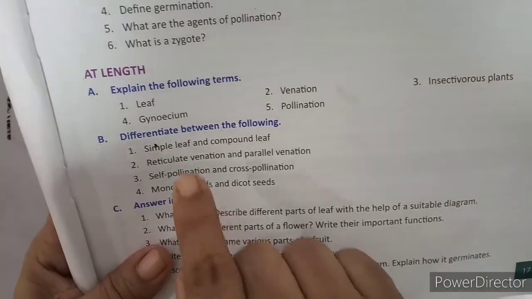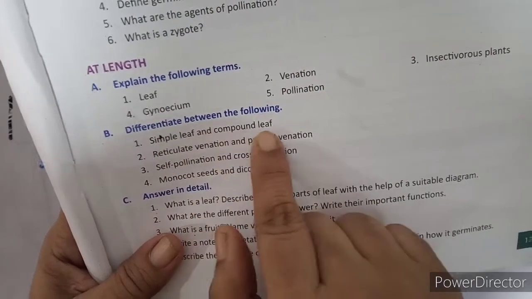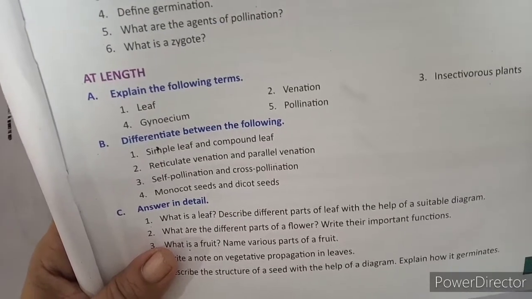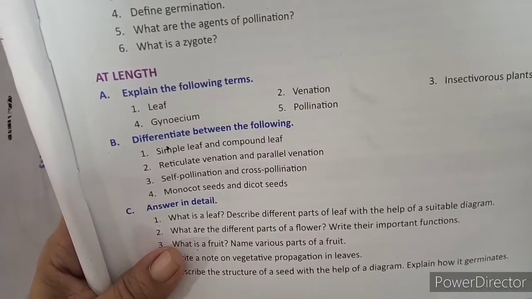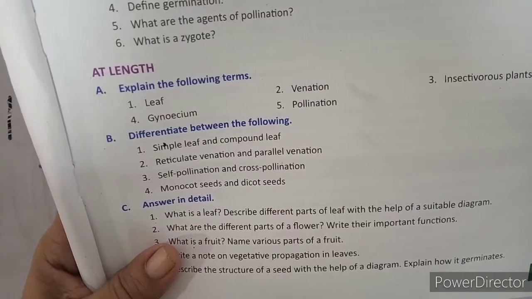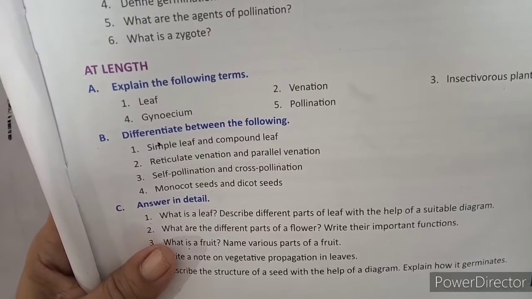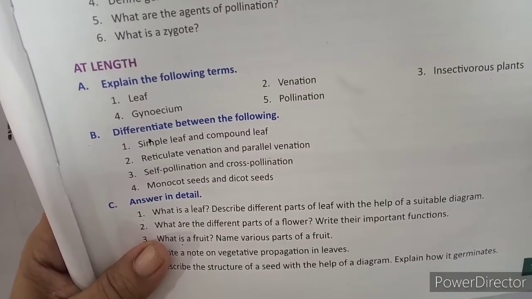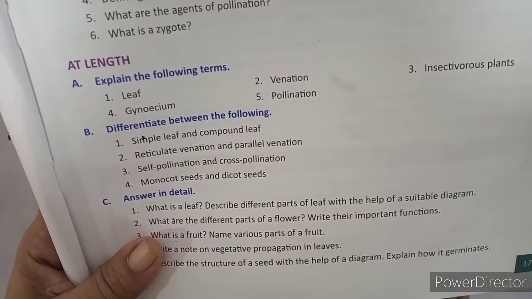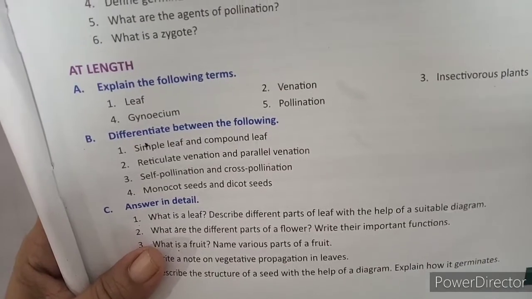Okay, so the first one is differentiate between simple leaf and compound leaf. So write down the first question. Now, for differentiating, we have to draw parts, isn't it? So one page should be divided into two parts so that we can write the difference between the two things.